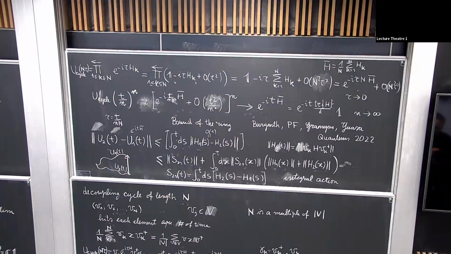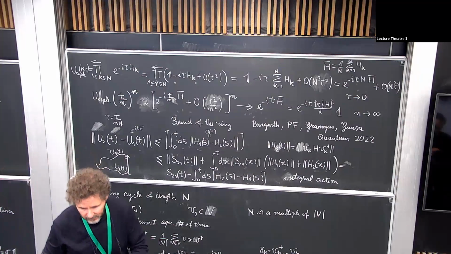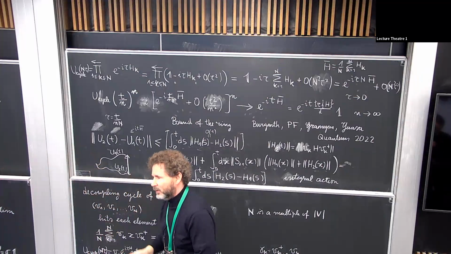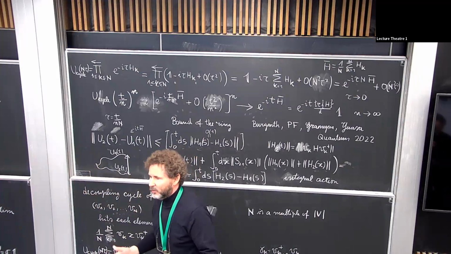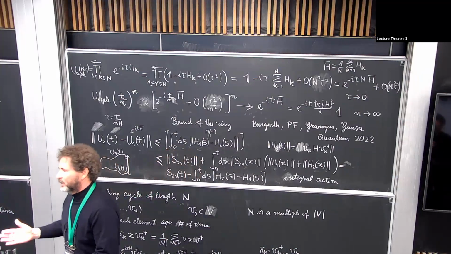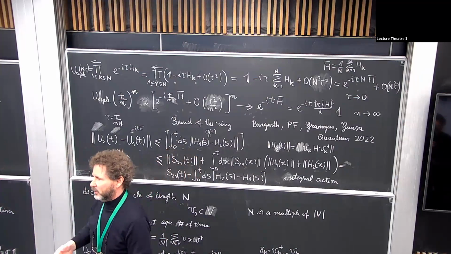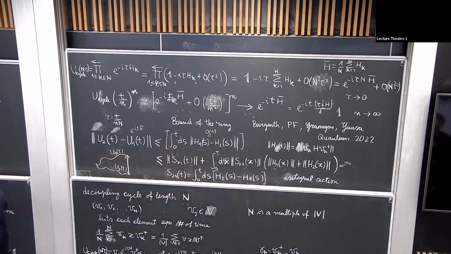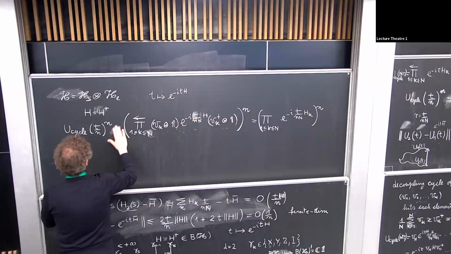So you immediately expect that the first reasonable topology to look at is the strong operator topology. So I'm interested in this limit.